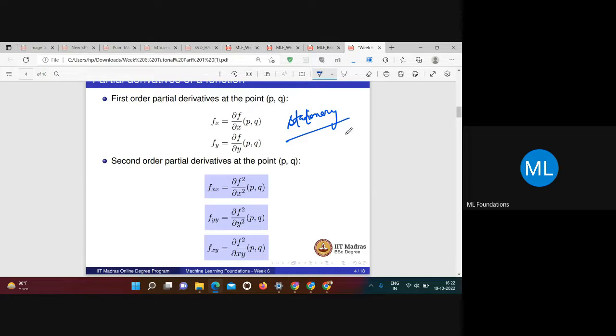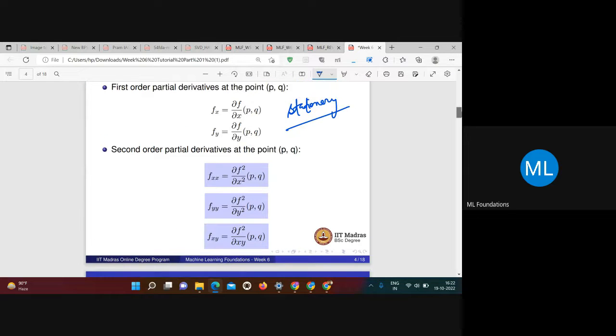This is what we do here also. Because we have two variables x and y, we partially differentiate that function: once with respect to x, keeping the other variable constant, and then the same function with respect to y, keeping x constant. That's the basic approach to get the stationary point.